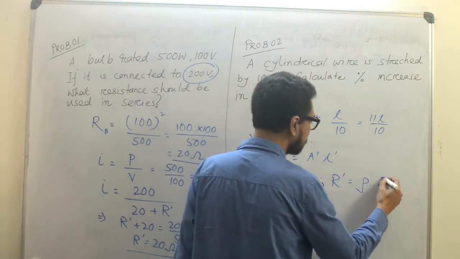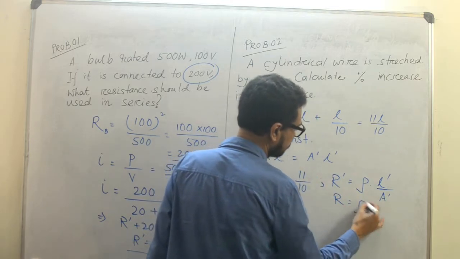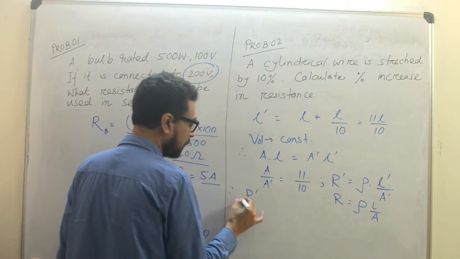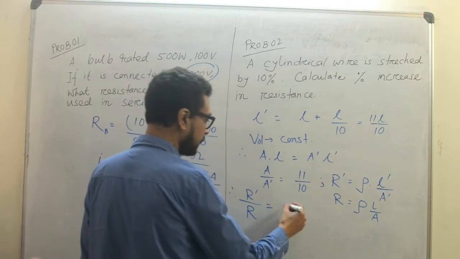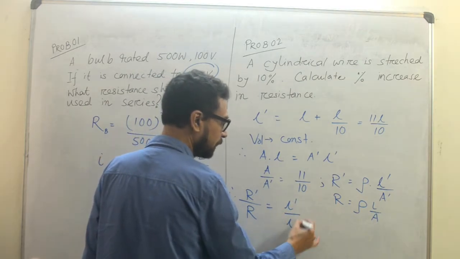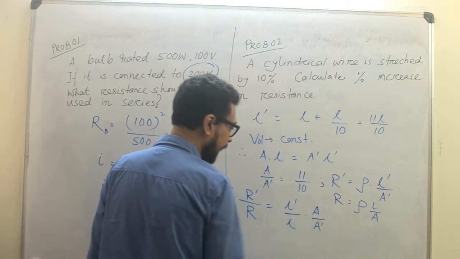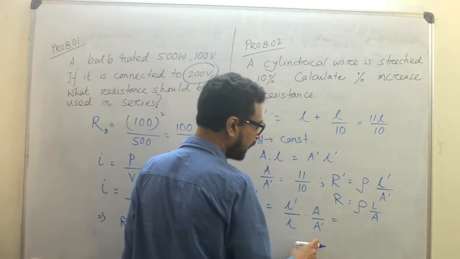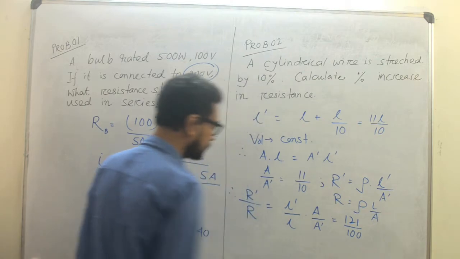So we can directly calculate R dash by R, it is L dash by L into A by A dash. L dash by L is 11 by 10, and A by A dash is 11 by 10. So it is 121 by 100.